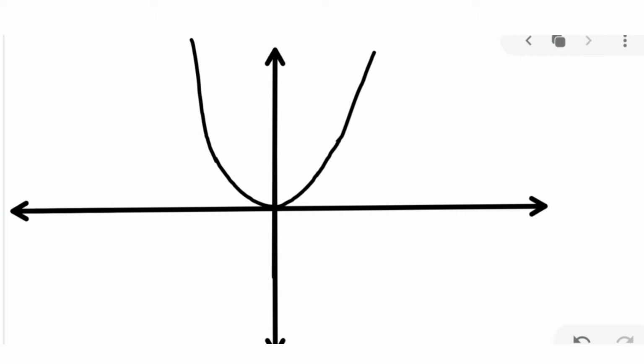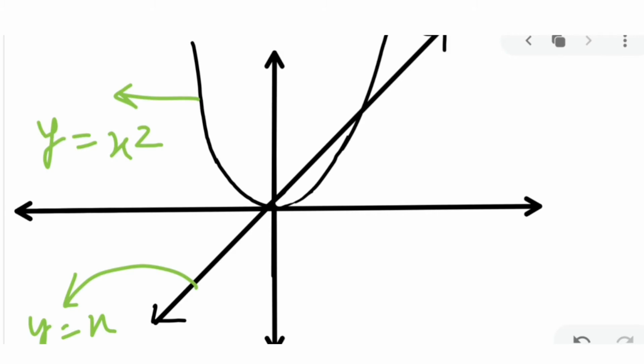We know the graph of y equals x is a straight line passing through the origin at a 45-degree angle with the x-axis. So let me plot it. This is the graph we get from these equations, y equals x square and y equals x. From the question we observe that the vertical strip was taken, as the limits are of y.